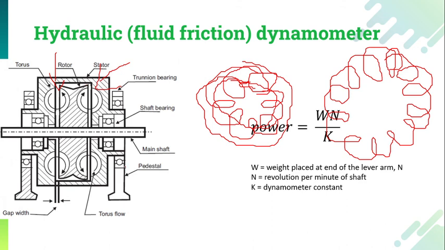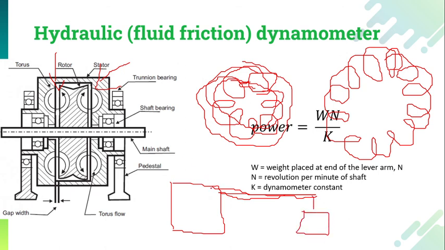Ultimately over here, the same mechanism of the Prony brake dynamometer is going to be used. This is our stator, I am just showing you the side view. With the stator there will be one mechanism attached, something like this. This is the lever and this is the spring lever attached with this mechanism.